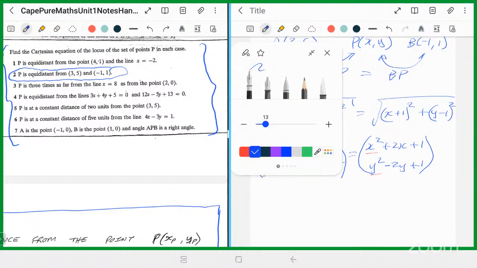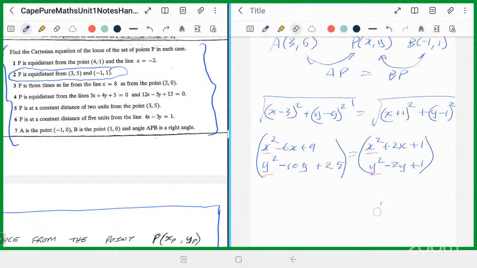So let's say we're bringing everything over here. We have minus 6x over here already. Take that 2x and carry it over, we get minus 8x. In terms of the x, we have minus 8x. Then the y now, we have minus 10y over here, and we have minus 2y over here. Carry it over here, so it becomes plus 2y.